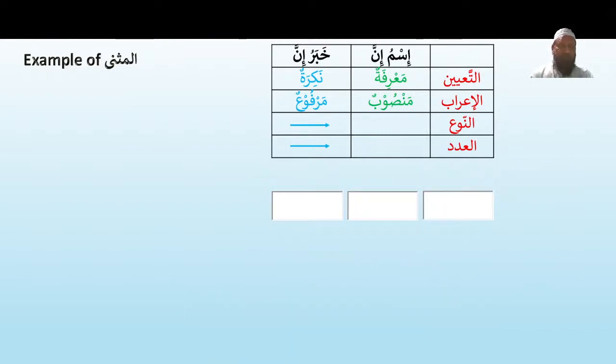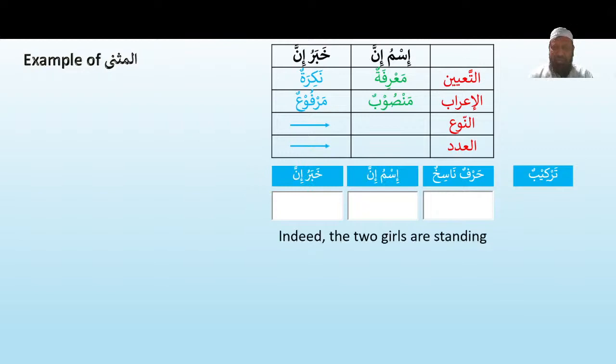Let's see the next one. Example of المثنى. I think this is the مؤنث one. If we just look at the meaning, I think I'll get it. The two girls are standing. Yes. Let's do it from here. إن البنتين.